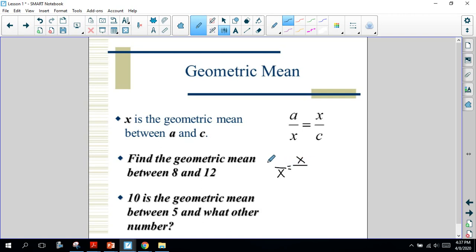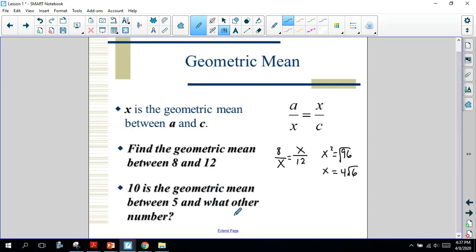And then it repeats between the extremes of 8 and 12. Then you would just solve that, and you'd say x squared is equal to 8 times 12, which is 96. To solve that, you take your square root, and the square root of 96, the perfect square in there would be 16. So you would end up with 4 radical 6.